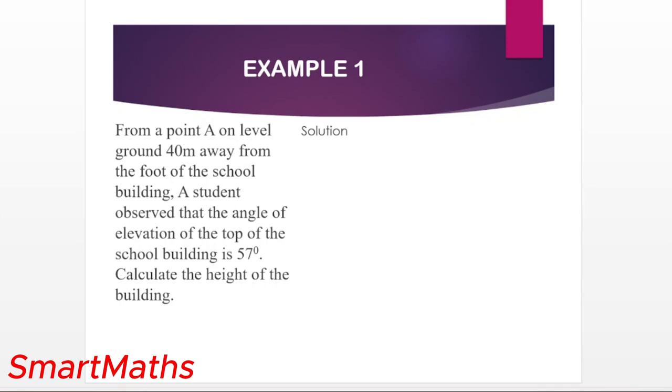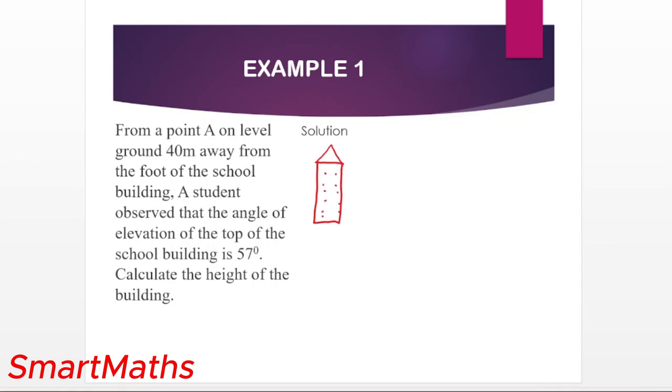Let's look at the question. From a point on level ground, 40 meters away from the foot of the school building, let's assume that the school building is here. This is a very big building.